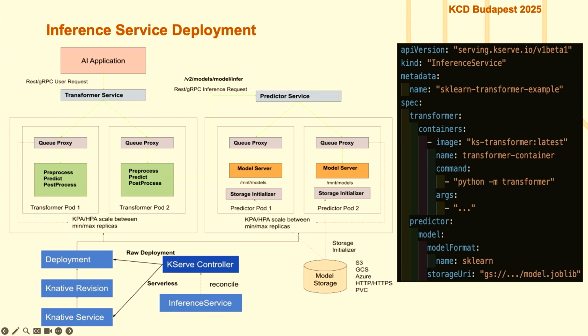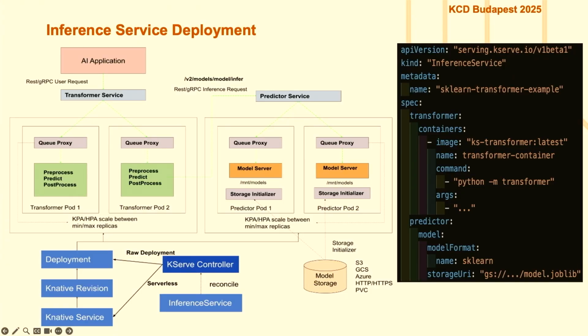When the predictor is initializing, it uses what we call the storage initializer. The storage initializer is responsible for loading and copying the models from external storage to a mounted volume where the predictor can read the models from. So we deploy this YAML, we have the model loaded, and the service pods are running.